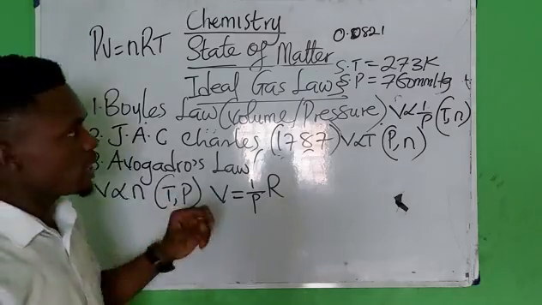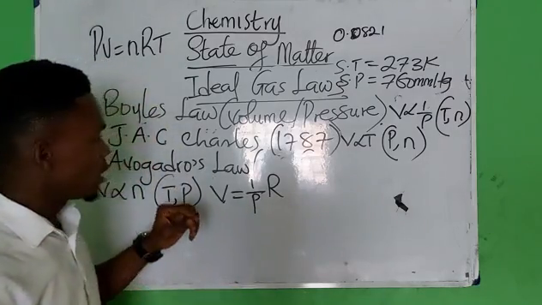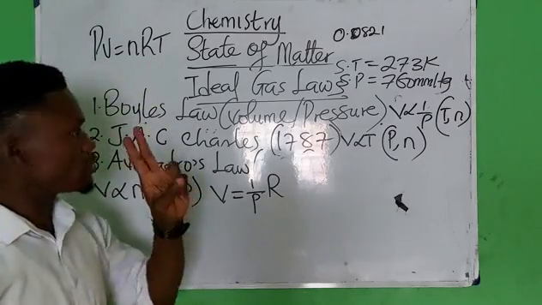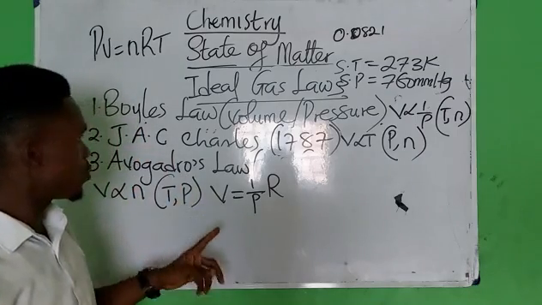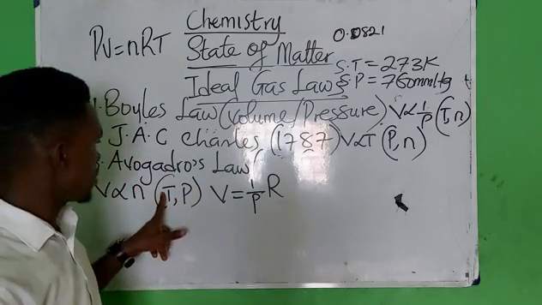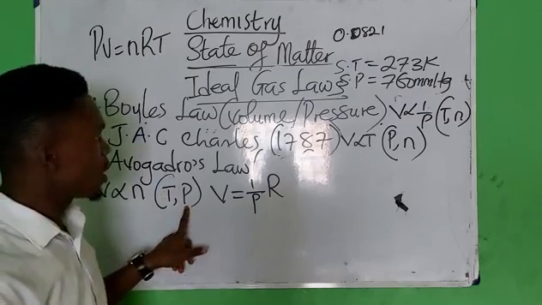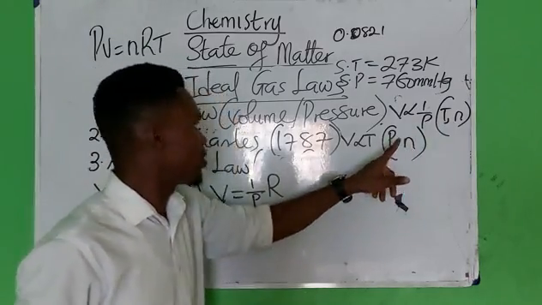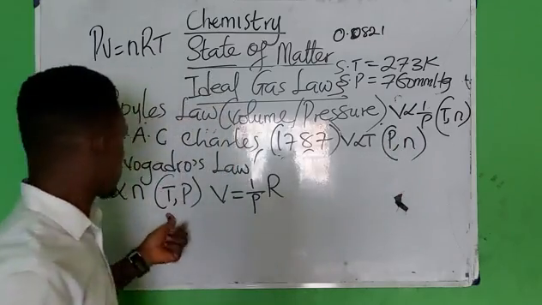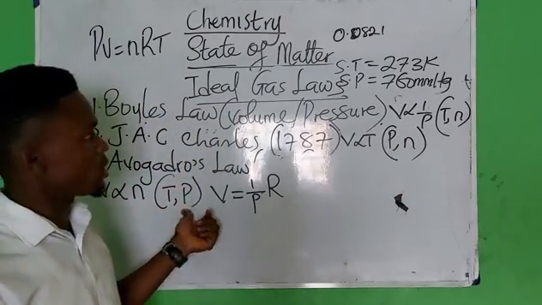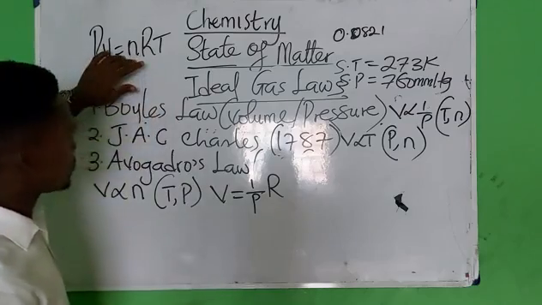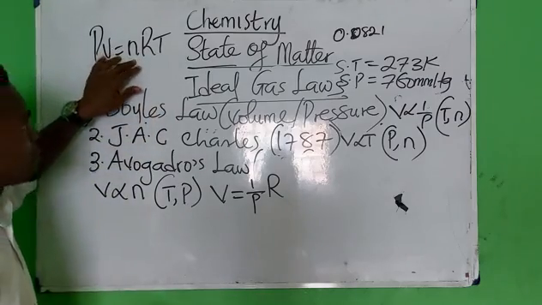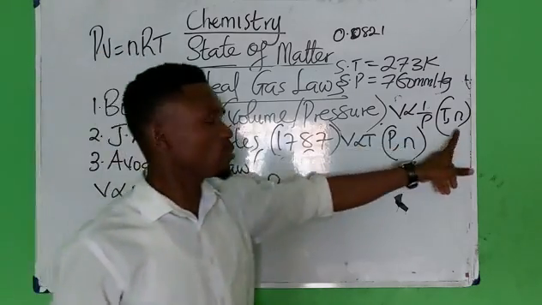We are going to be picking two constants from what we have here. We have constant T, constant P, and constant n. From what I have here, I'm going to be picking constant T and n.